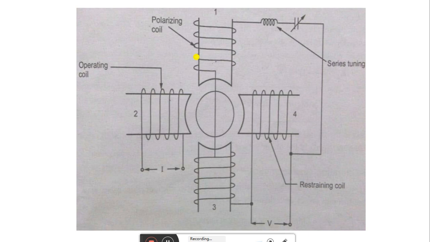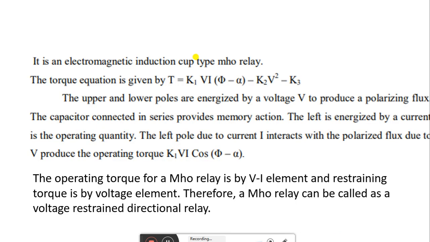What are the various torque equations for these current and voltage coils? Let us see here. It is an electromagnetic induction cup type armature relay. The torque equation is given by T equals K1 VI cos(phi minus alpha) minus K2 V square minus K3. Why is it so?